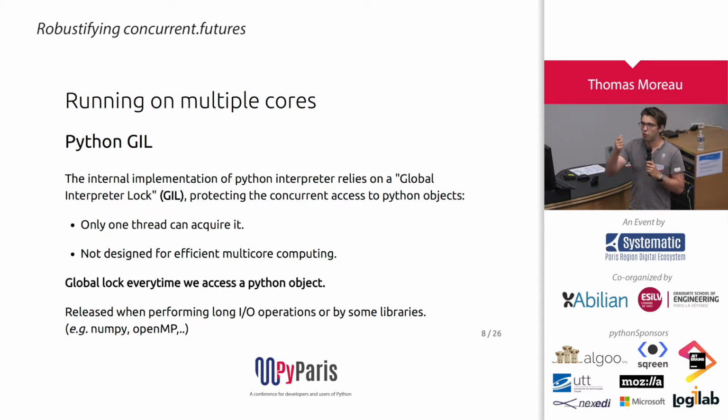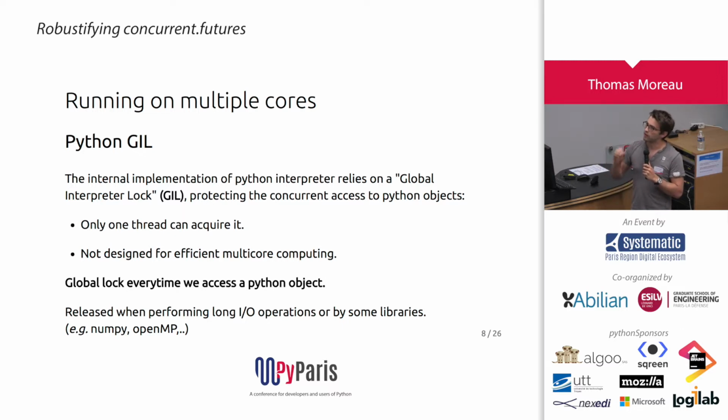Each time an interpreter wants to access a Python object, either to read it or to write it, so to run Python code, it will need to acquire the GIL. It's not really designed for efficient multi-core computing. It's designed to simplify the object management and to protect the object management in the Python interpreter.